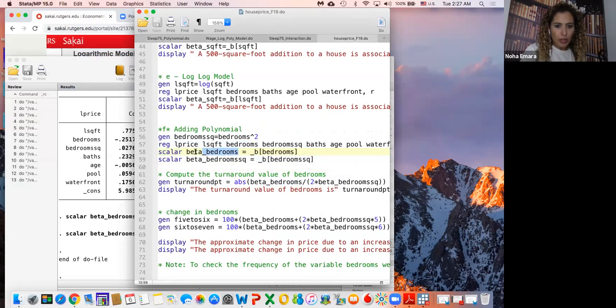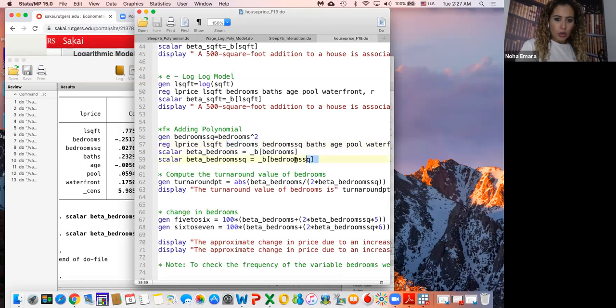You call this any name you like, you can call it your name, but everything here has to be exactly the same. So underscore b, I'm asking Stata to go to the matrix of coefficients, which is called b, and get for me the coefficient of bedroom. And make sure that the name that you see here is the same as the name that you have here.